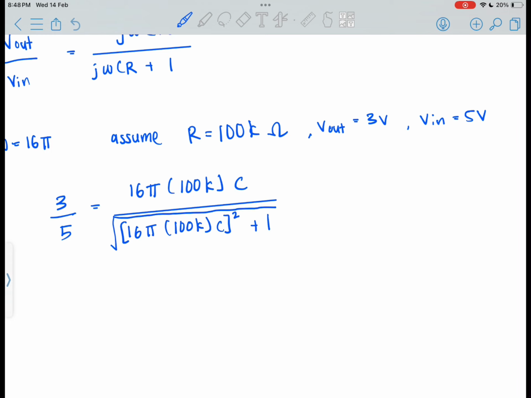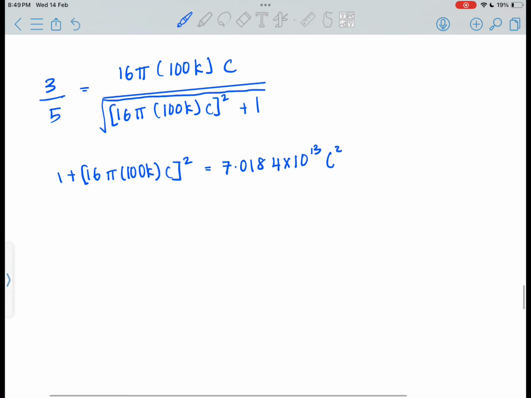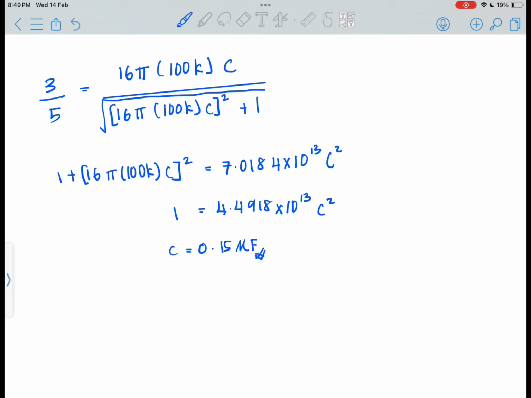Then you square all of the values, and you will get 1 plus 16 pi times 100k C squared is equal to 7.0184 times 10 to the power of 13 C squared. And then you simplify it, you'll get 1 is equal to 4.4918 times 10 to the power of 13 C squared. And then your C will be 0.15 microfarad.